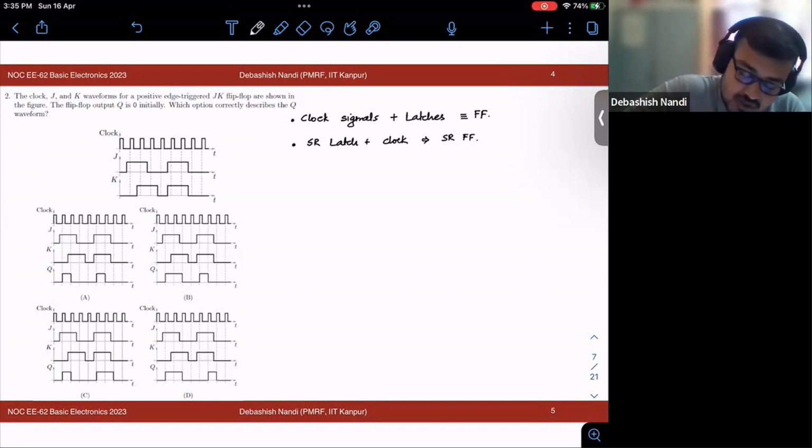So let me briefly describe how SR flip-flop actually comes about. You know you have this contraption, right? You had this.